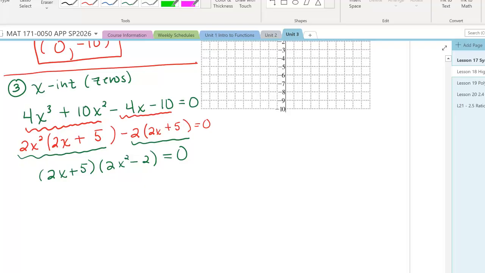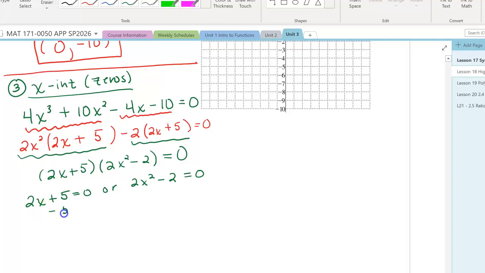So I've now factored that polynomial, and now I can use the zero product property to solve it. We have 2 things multiplied together to give us 0, so one of these has to be 0. So 2x plus 5 equals 0, or 2x squared minus 2 equals 0.